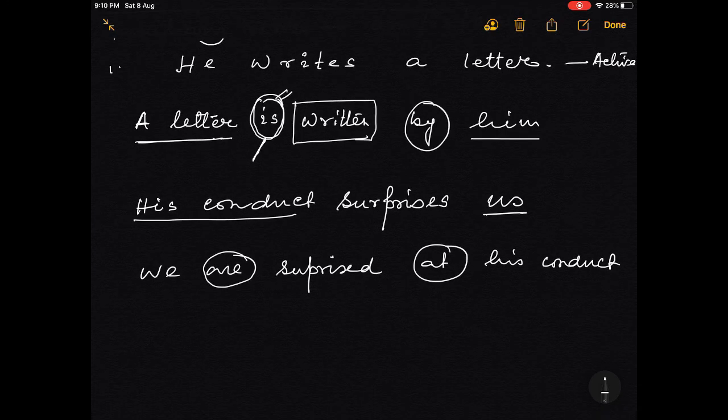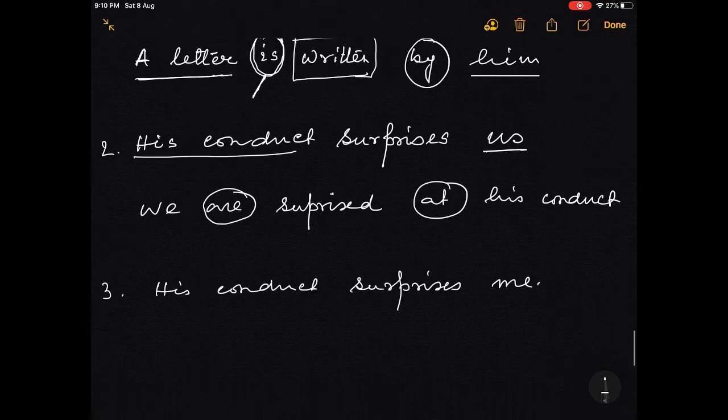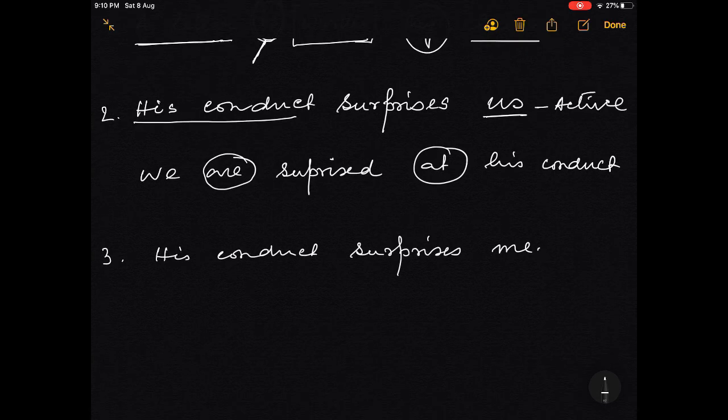Okay. If it is me, what will happen? See, it is 1, it is 2, now it is 3. His conduct surprises me. So it is active and it is passive. Here it is active.